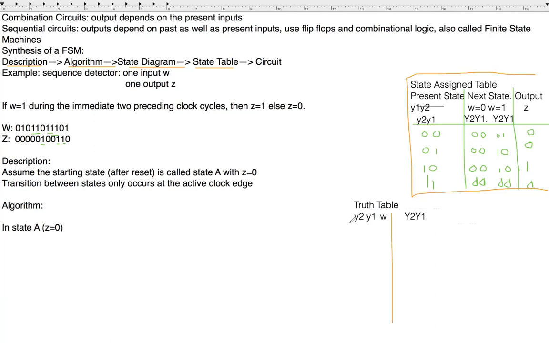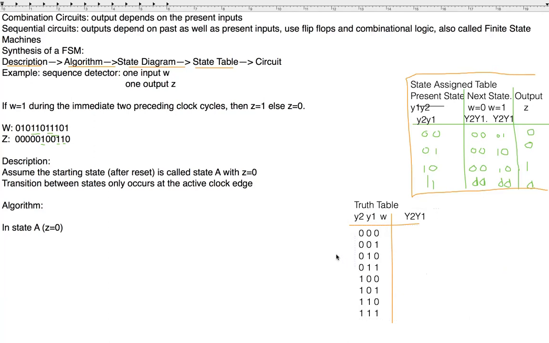Now that we're doing that, we're going to organize this up. And so it's going to start at 0, 0, 0. And then let's keep going. So 0, 0, 0, 0, 0, 1, 0, 1, 0, 0, 1, 1, 1, 0, 0, 1, 0, 1, 1, 1, 0, 1, 1, 1.